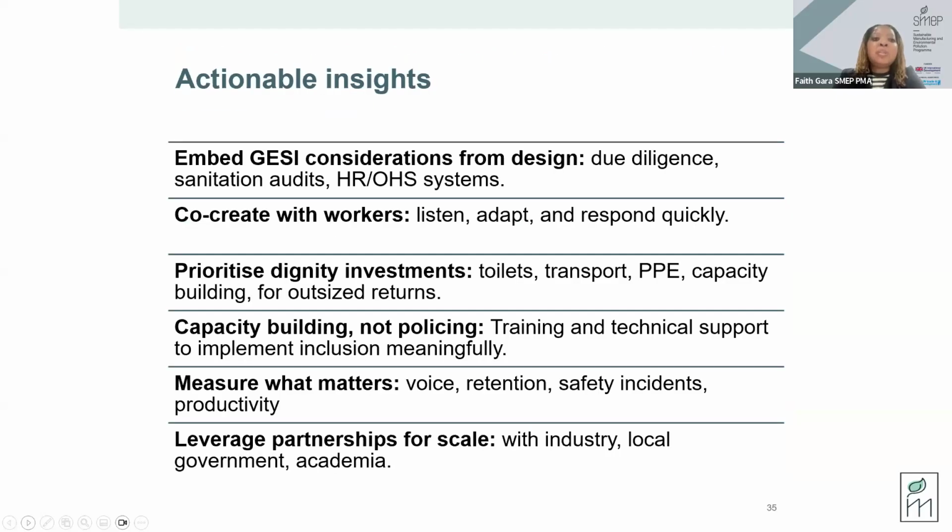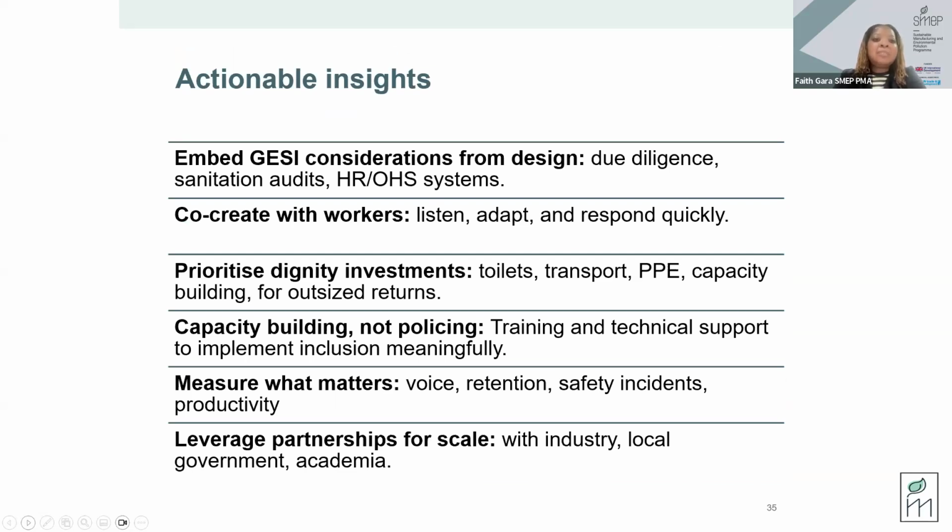SMEP experience shows just transition can be delivered more systematically by embedding JESI at the core. To begin with, JESI and safeguarding must be integrated at inception with clear and adequate budgets, JESI champions, and MEL systems that measure meaningful progress.